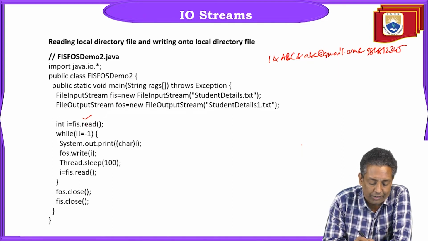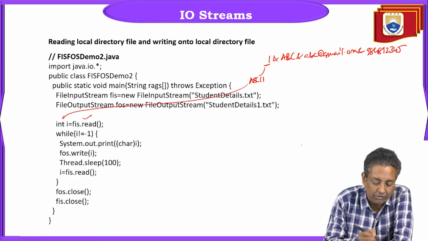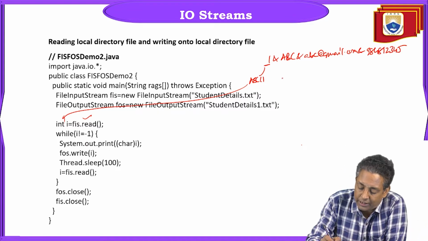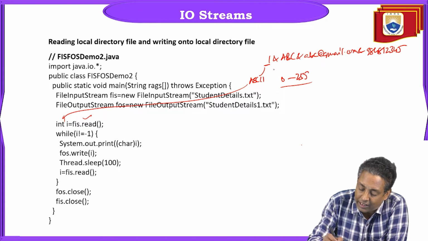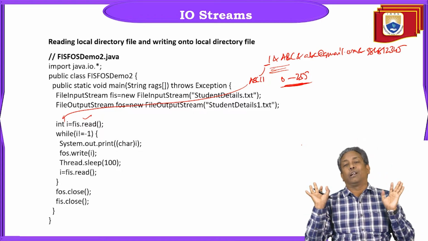The first time when you call file input stream dot read, this first character will be read. Its ASCII value will be written to this side. And the range of ASCII is 0 to 255. So as long as data exists in this file, the characters' corresponding ASCII values, any value in the 0 to 255 range, will be written.